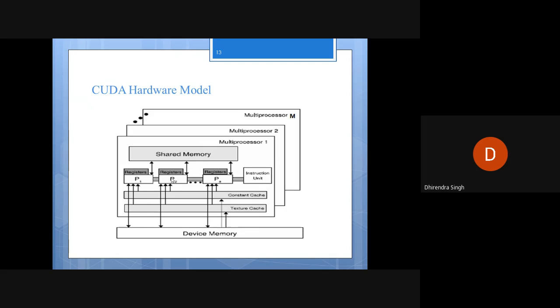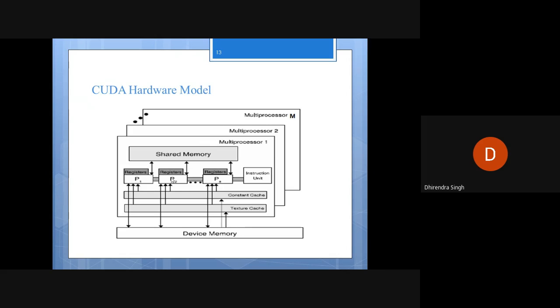Okay, so when we see a program in the next hands-on session, I will show you that before the start of the execution of any thread, we have to copy our data from CPU memory to GPU memory. Data is available on the CPU memory, and we have to copy it to the GPU memory. Whatever data is available on the GPU side, these processors will access and process it. Okay, so there is a device memory where we have to copy the data.